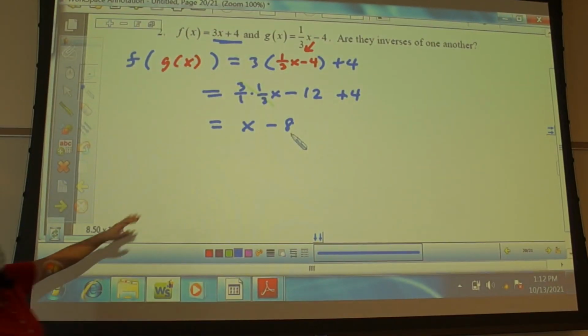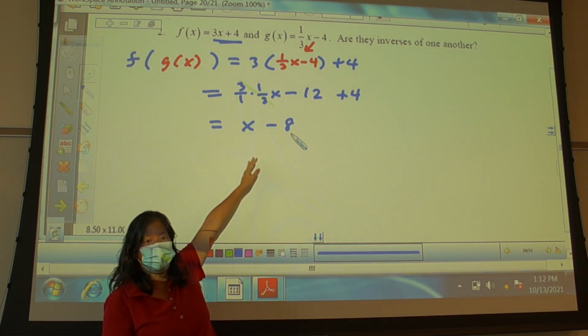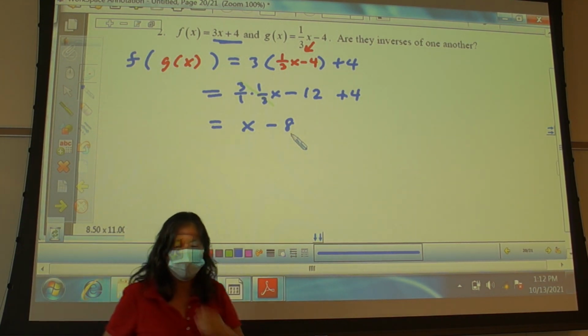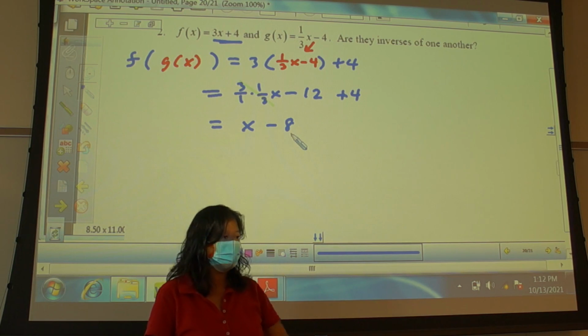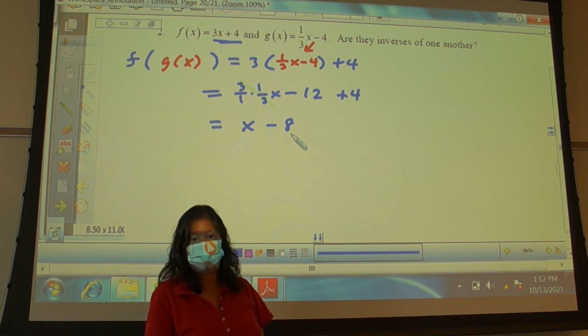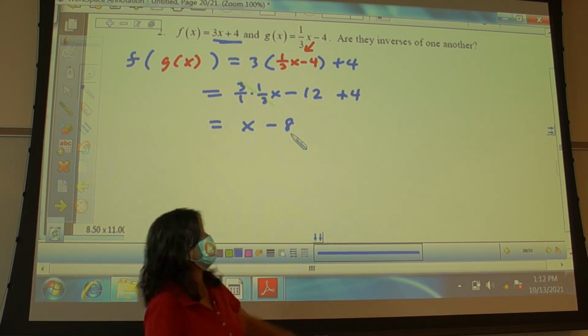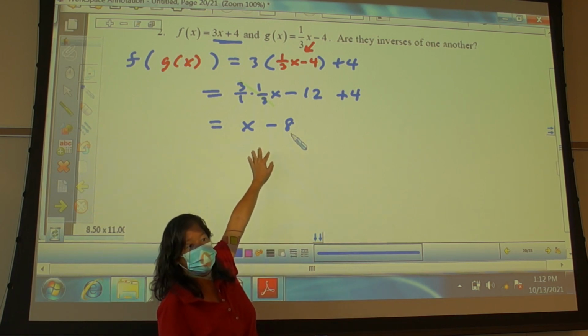So are these inverses? No, because you don't get back what you started with. I put in $10, change it to pesos, I come back, and now I have 10 minus $8, I have $2. That's not right. They did not undo each other. They totally scammed me. So those are not inverses of each other.